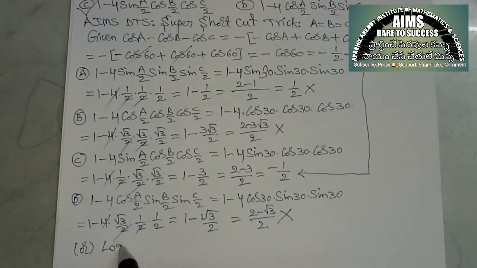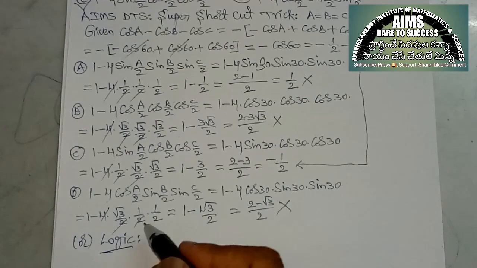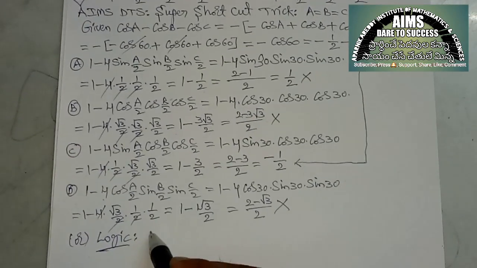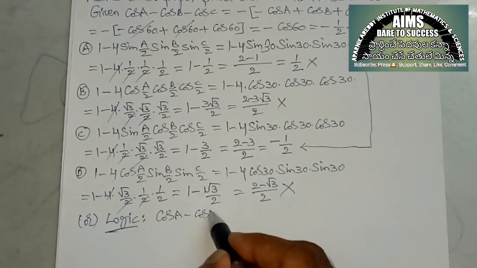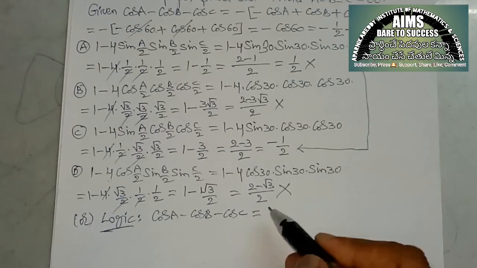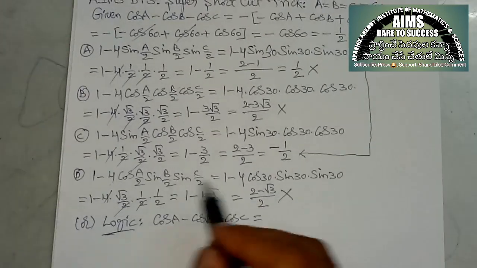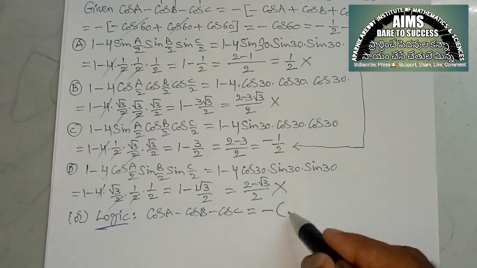Otherwise I wanted to tell you one more super shortcut. The logic is, what is the given question? The given question is cos A minus cos B minus cos C. If you have two values with minus symbol, my logic is take minus common.